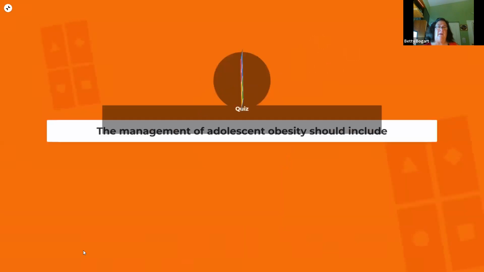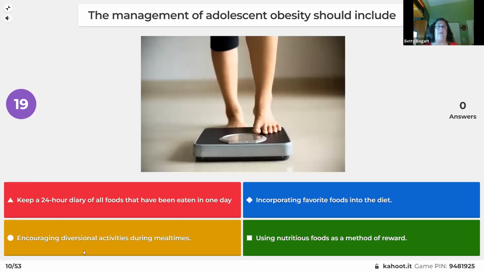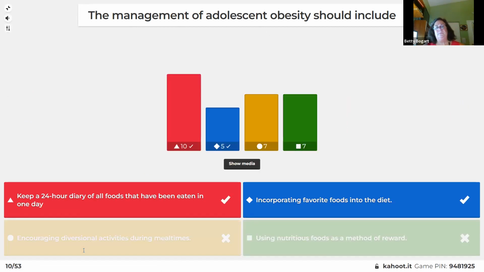A multi-select. The management of adolescent obesity should include, so absolutely a 24-hour diary.